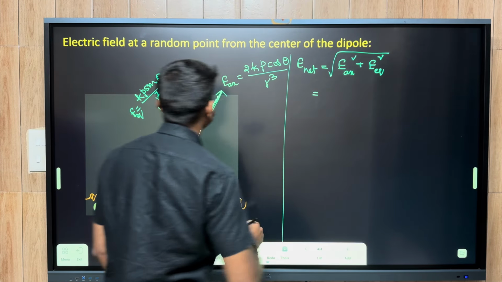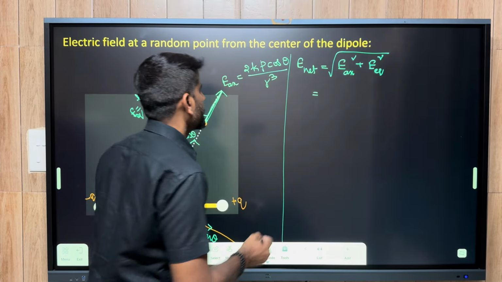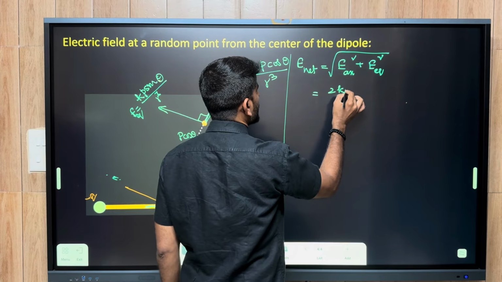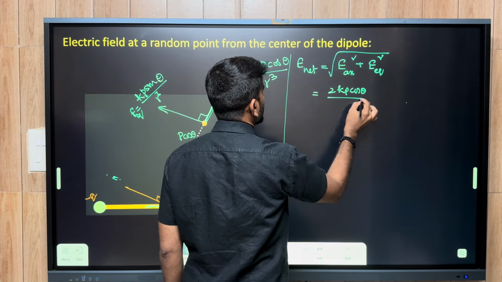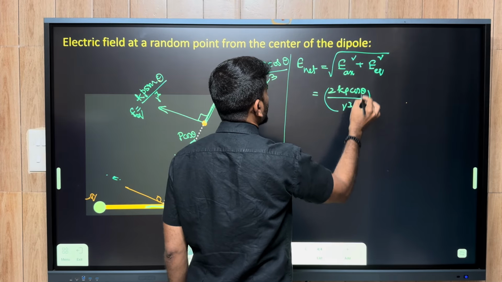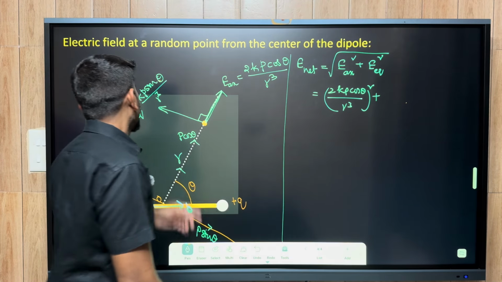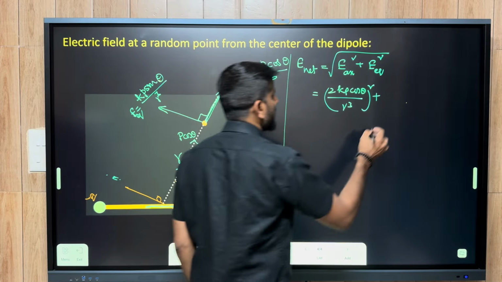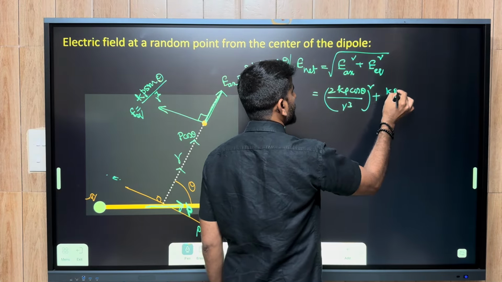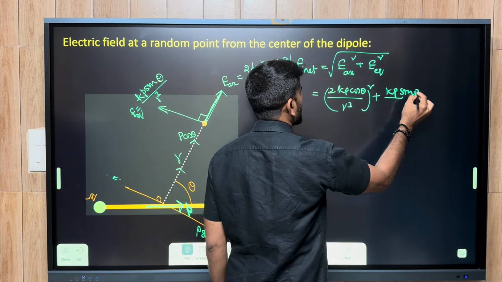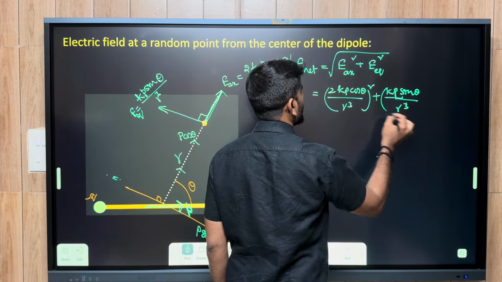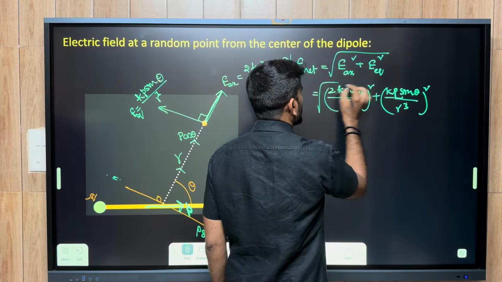Now, E axial is how much? 2 kp cos theta by R cube, whole square, plus E equatorial is kp sin theta by R cube, whole square.